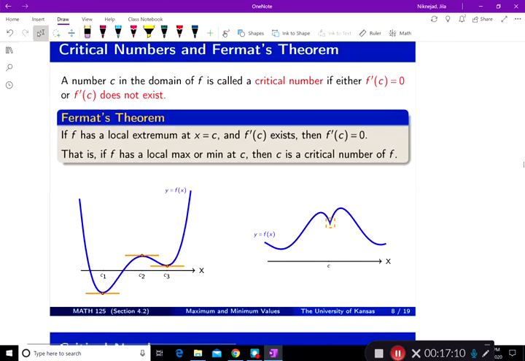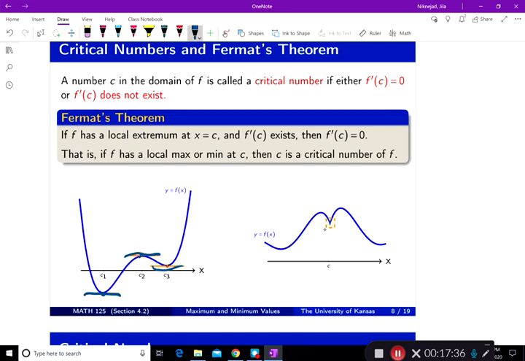And here are a few of the choices that we can have. See, there's a local minimum here, and f prime is equal to 0. Why? The tangent line is horizontal. Over there, there's a local maximum. The tangent line is horizontal, f prime is 0. Over here as well.